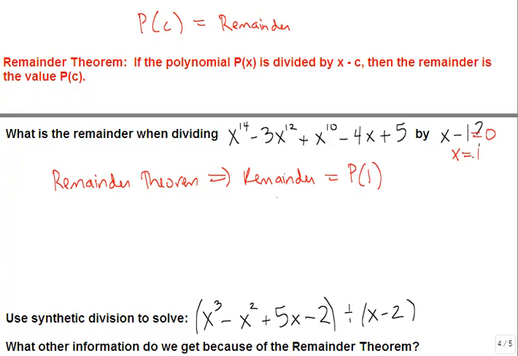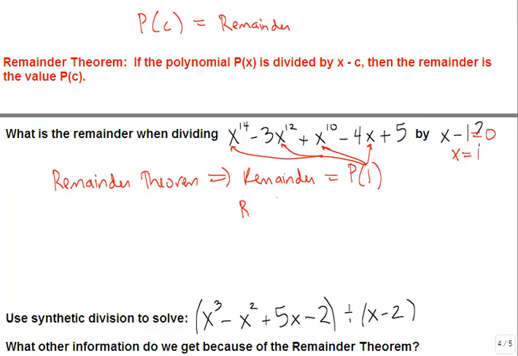That little number you would put in the box if you were doing synthetic division, it's that same number. So if I wanted to find the remainder, instead of doing that big long synthetic division problem or an even bigger, longer long division problem, I could just plug in 1 into this original polynomial for all these x's.